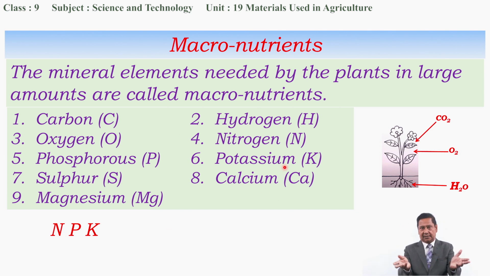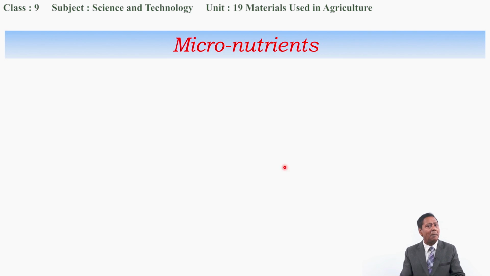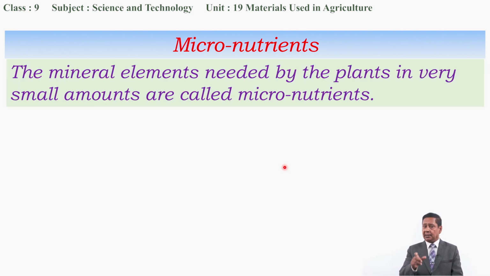Macronutrient is now clear. Now let's talk about micronutrients. What does it mean? The mineral elements needed by the plants in very small amounts are called micronutrients. Some of the materials are required in small amounts. Just for example, in the case of humans, we need vitamins and minerals in very trace amount.